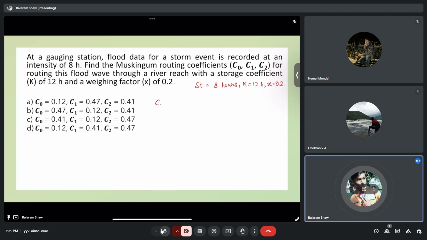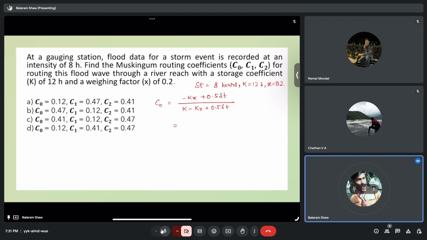Just calculate all those values. C0 is equal to minus KX plus 0.5 into del T divided by K minus KX plus 0.5 into del T. I'll also do it, you guys also do it with me. Just check how much you're getting.